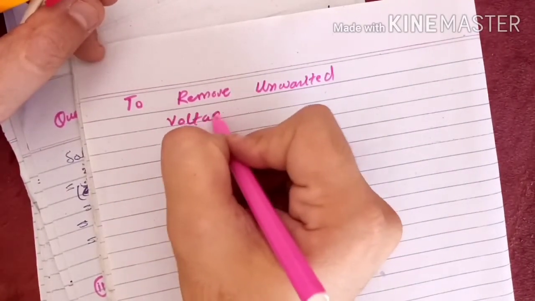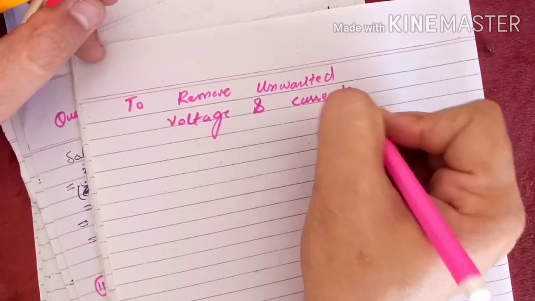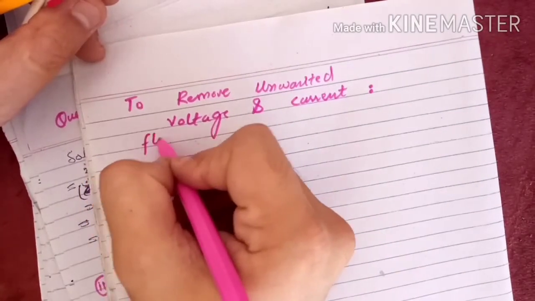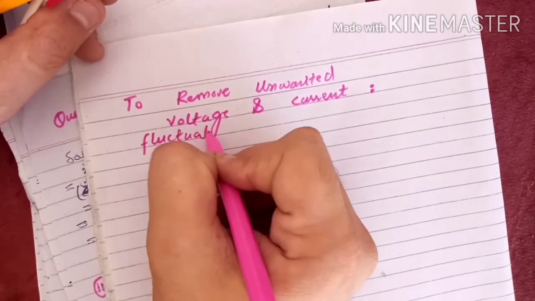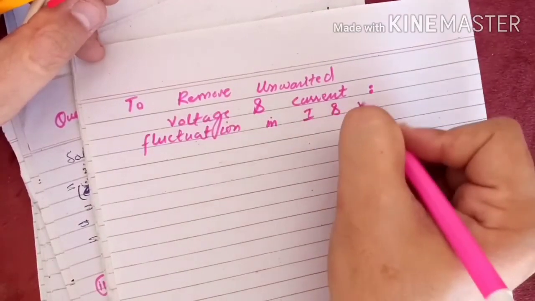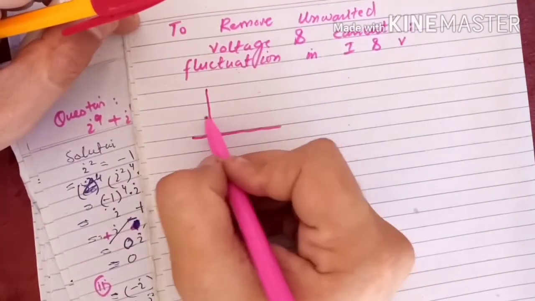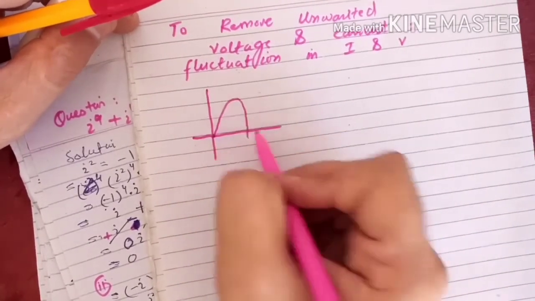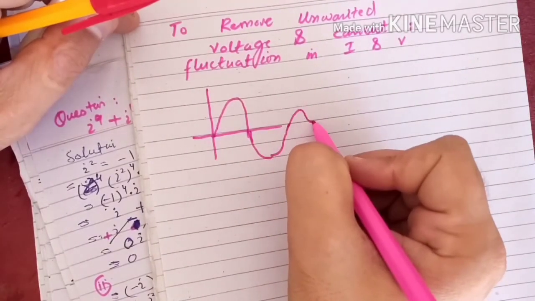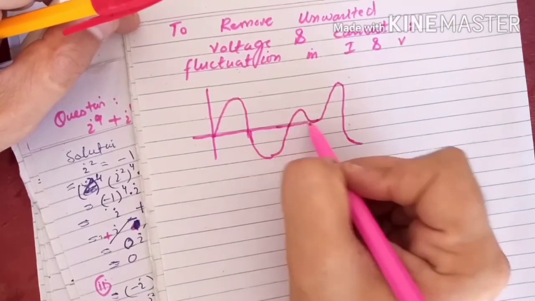We have already discussed in the course how to do that, and we discussed this idea previously in the course. That is fluctuating current. We draw the sketch, the possible sketch, for example it will be like this.